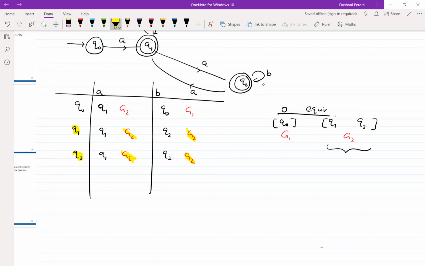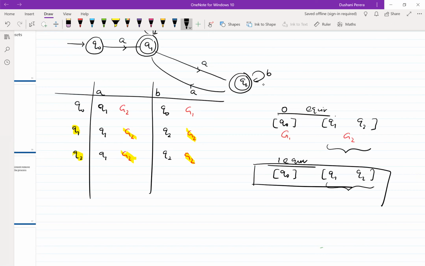Therefore, at one equivalence, the groups that we have are still Q0, Q1 and Q2. So there's no point in doing this further because these two are not separable as they go to the same group. So this is the final set of states of the minimal DFA that we get.